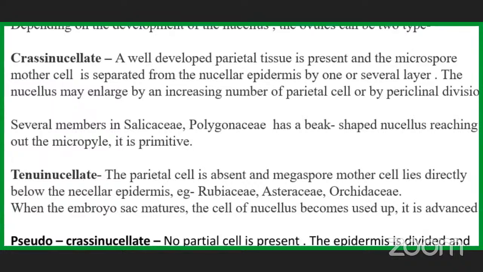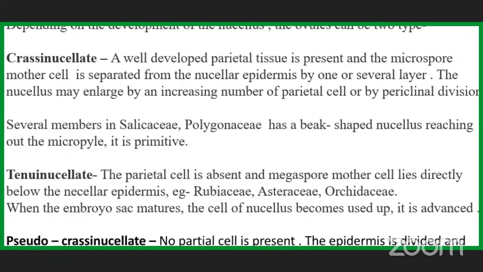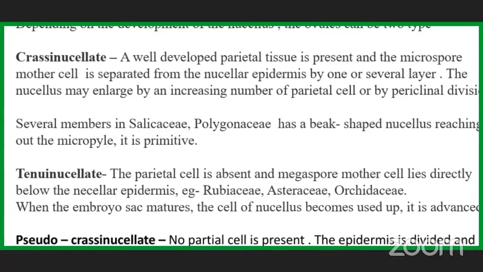What happens in the crassinucellate? In the nucellus, more parietal cells or periclinal divisions take place, several layers, that means more nucellar tissue. If a single layer of parietal nucellar tissue is there, we call it tenuinucellate.